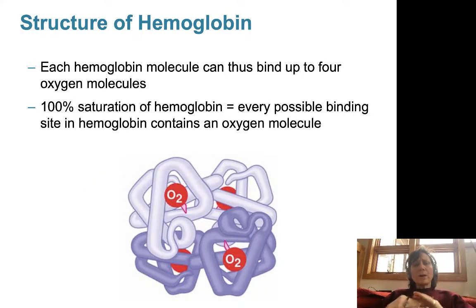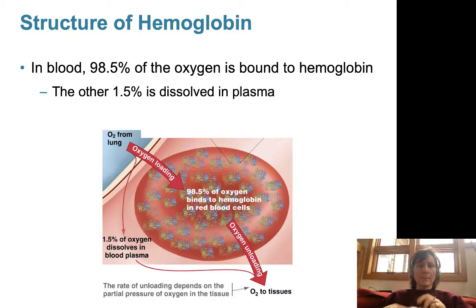When you have 100% saturation of hemoglobin, that means that every possible oxygen has been bound to each of the 4 heme groups. In blood, within the red blood cells, 98.5% of the oxygen is bound to the hemoglobin. Approximately 1.5% is dissolved in the plasma.